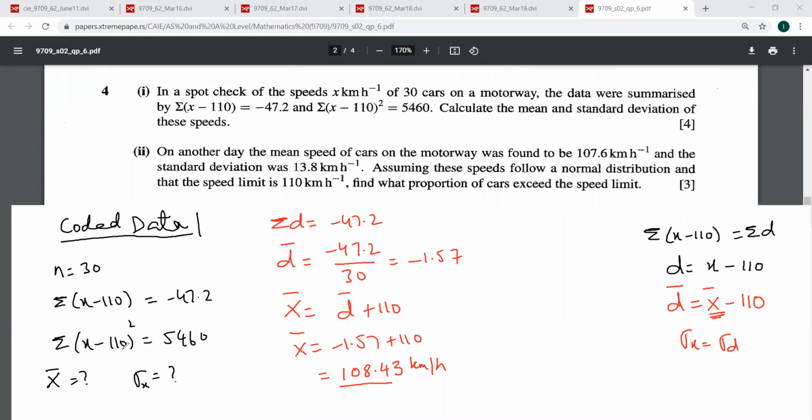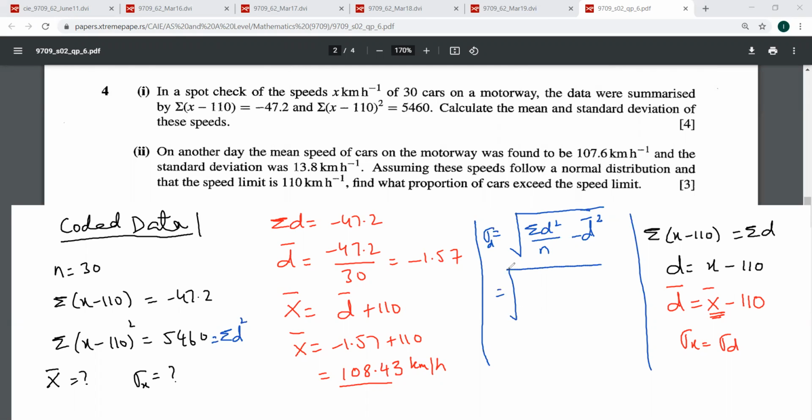So this sigma x minus 110 whole square is going to be my sigma d square, because when I have to find the standard deviation, I'll be using the formula that this is going to be the square root of sigma d square over n minus the square of the mean of this. Okay, so now please get your calculators ready.